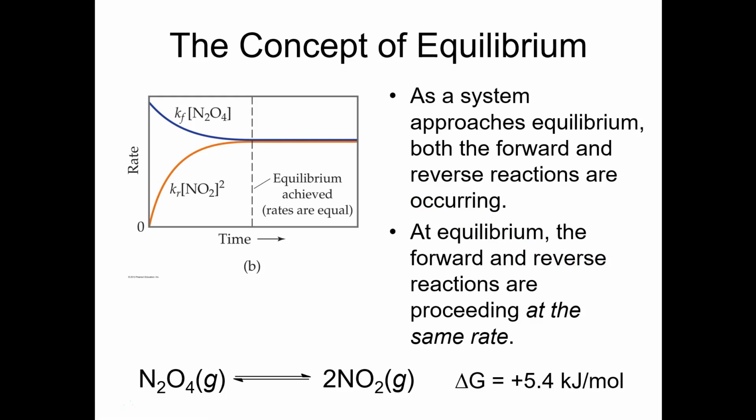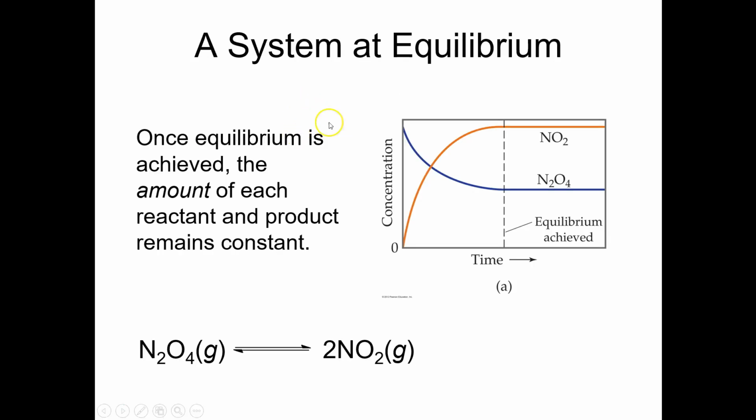Now you'll see in this graph that the reactions are occurring at the same rate. That doesn't mean that you have the same concentration of reactants and products in solution. It's rarely the case that at equilibrium you have exactly the same concentrations of reactants and products in solution. You'll see if we plot concentration versus time, once again, the reactant concentration goes down until you reach equilibrium.